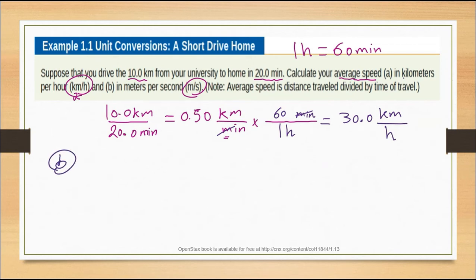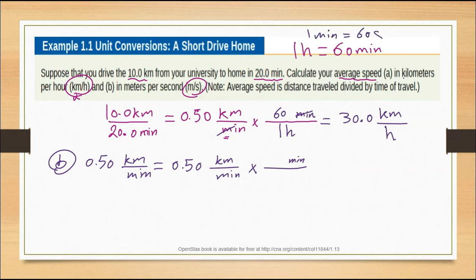So part B, we want to convert it to meter per second. 0.500 kilometers per minute is equal to 0.500 kilometer per minute times, we write it up, and we know that 1 minute is equal to 60 seconds. 1 minute, so we can cancel minute with minute. And also kilometer, we know that 1 kilometer is equal to 10 to the third meter.